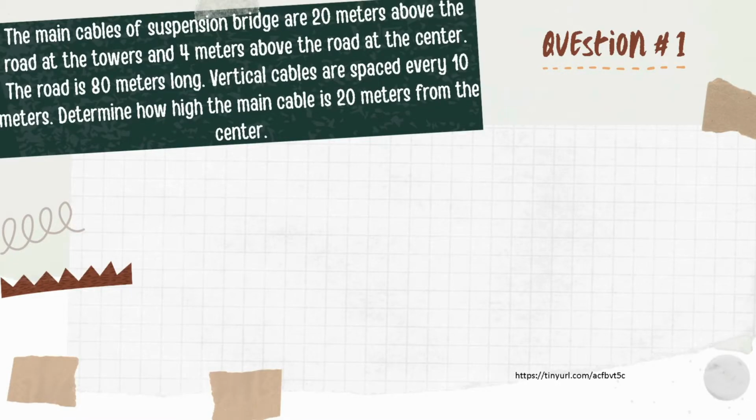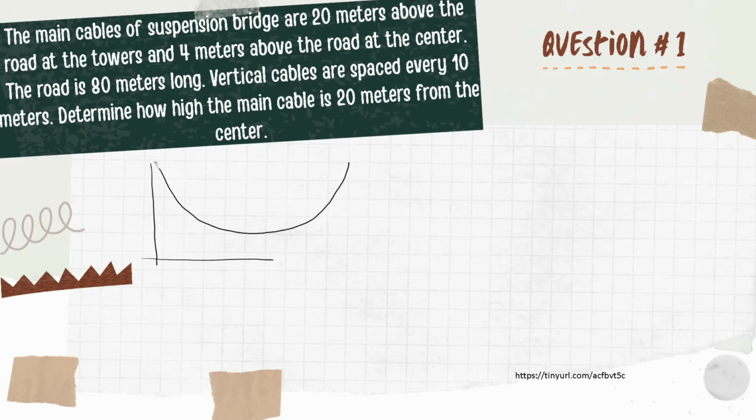So, let's illustrate first what the cables look like. We have cables, so automatically, they are in the shape of a parabola opening upward. And then, it says 20 meters above the road.